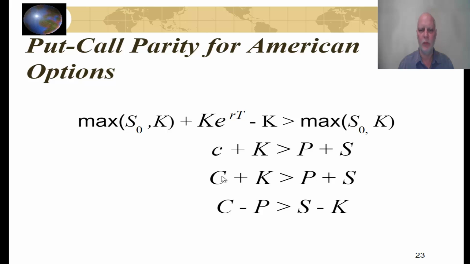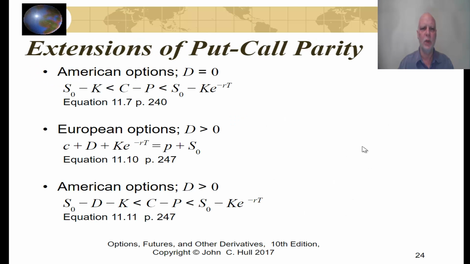If we arrange this, we have big C minus big P has to be greater than S minus K. So if we put those two together, we get this relationship for the bound of the American call minus the American put. It has to be less than S naught minus present value of the strike price, and it has to be greater than S naught minus K.